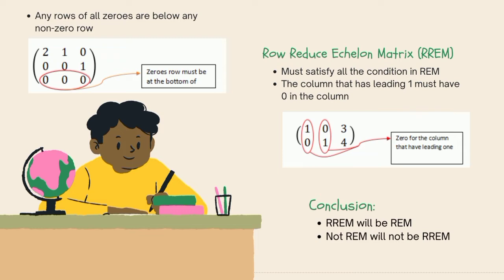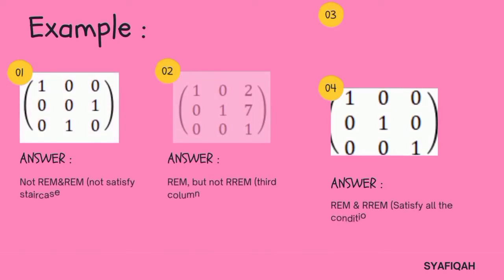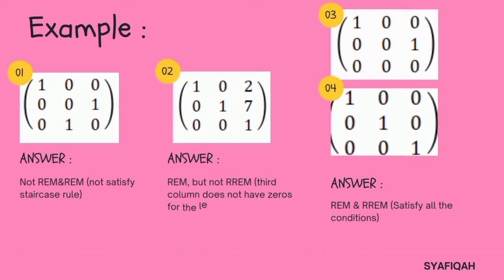To have a better understanding, let's look at the examples. The answer for example 1 is neither, because it does not satisfy the fourth property, where the leading one is not in the staircase pattern. The leading one in the second row should be in the second column to be considered as REM and RREM.